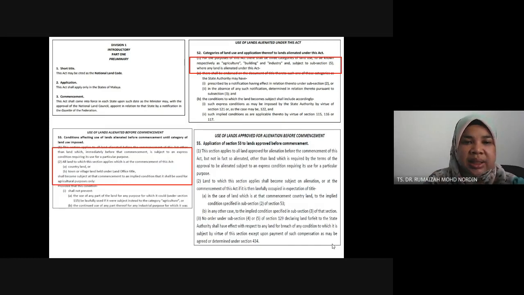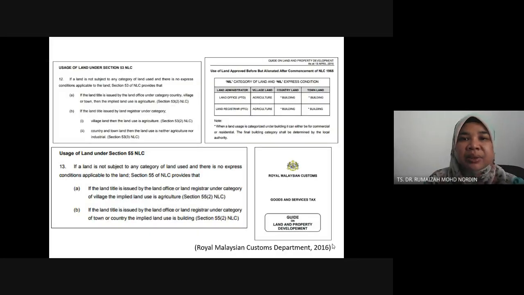So dia ada use of land, and then categories of land, okay, and then in our Royal Malaysian Customs, di mana yang menentukan percukaian ni, dia pun ada guide on land and property development. Alright, so selalunya, jika sekiranya dalam title, dalam geran ataupun dalam carian rasmi tu, dia punya kategori tu ditulis nil, ataupun dia punya condition tu ditulis nil.